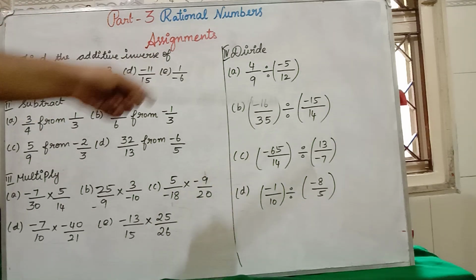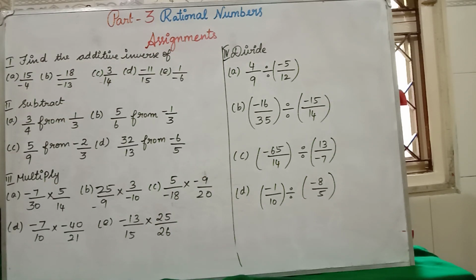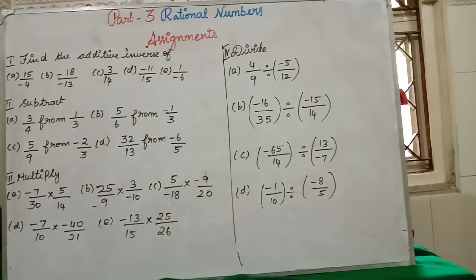This divide sign will become multiplication. This minus 5 by 12 will become what? Reciprocal. Reciprocal means what? It will become 12 by minus 5. After that, if anything is getting cancelled you can cancel, and the remaining thing you can directly write as your answer. Clear all of you children?